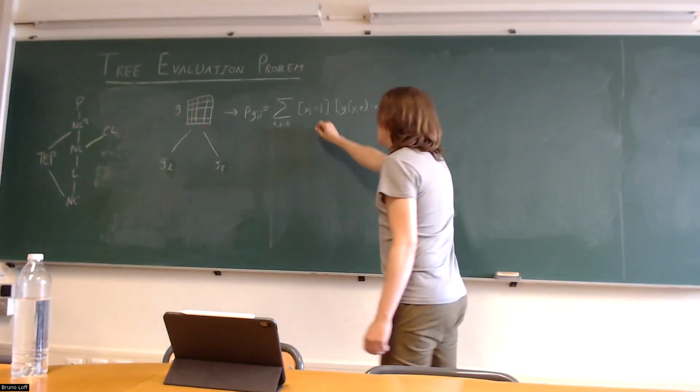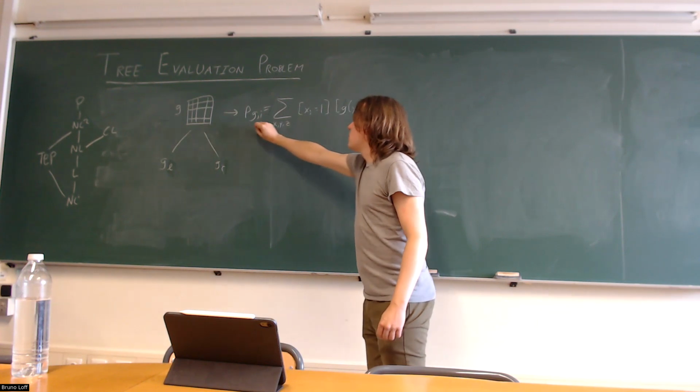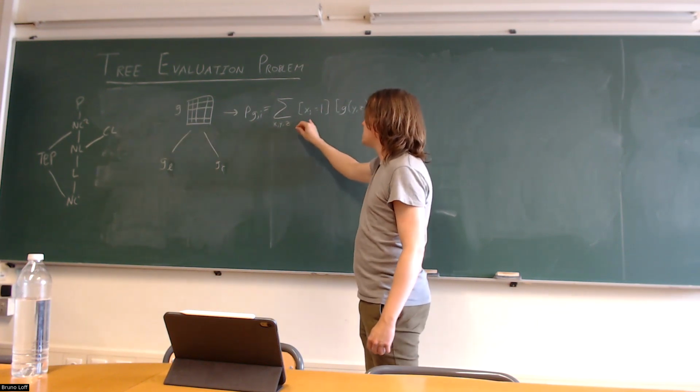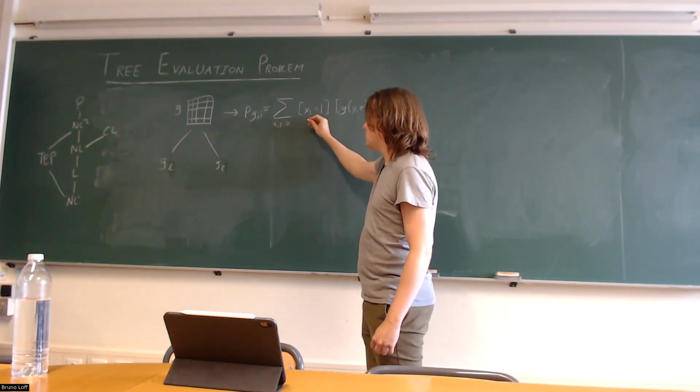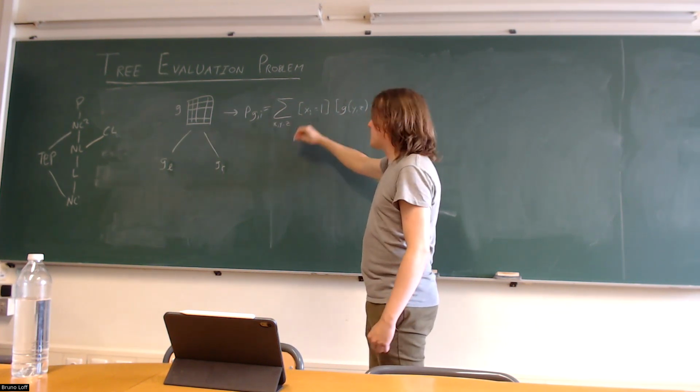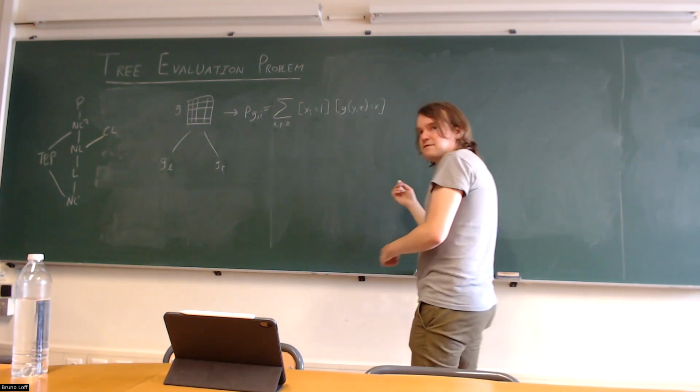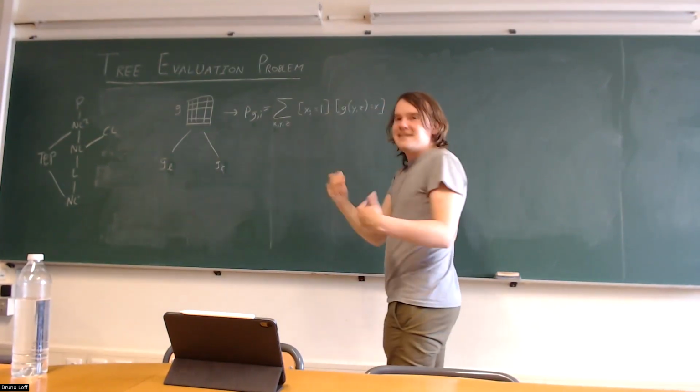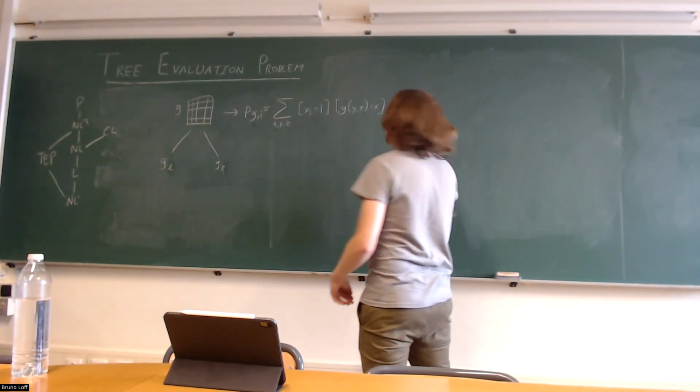Okay. So now I checked that I want this thing to be equal to 1, so I checked that the output bit for x is actually 1. I checked that y and z actually give me x when I plug them in, and finally, I checked that I actually get y and z from the children.